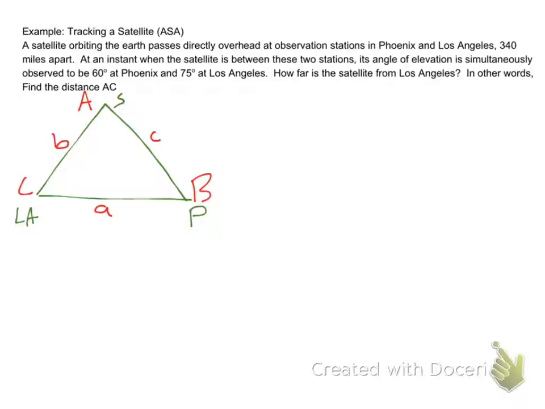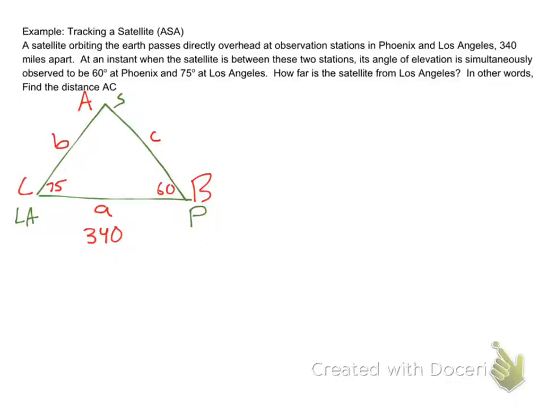Now I can set up the law of sines, but I should probably fill in some information. Do you know angle C? What's angle C? 75. Do you know angle B? And you know for sure side what? Side A is 340 miles.